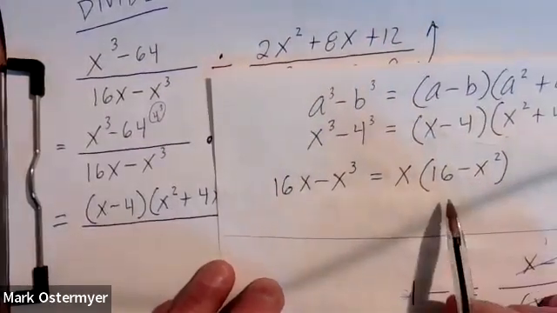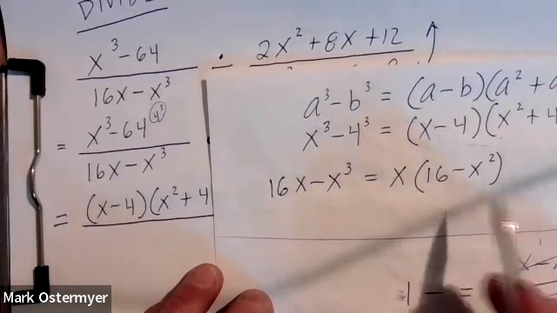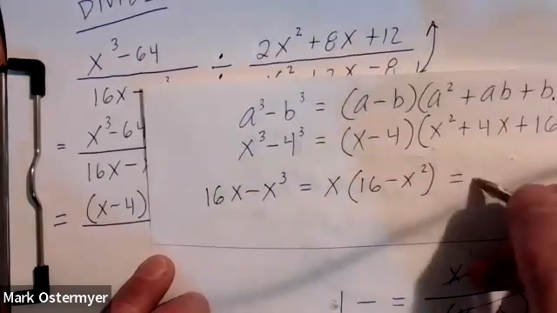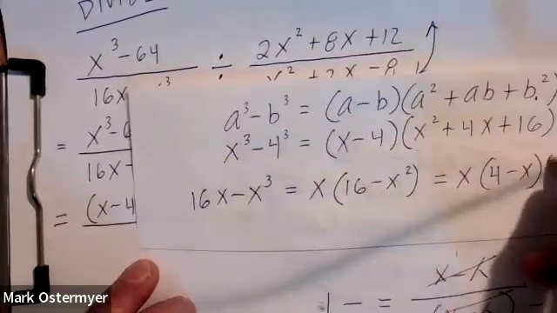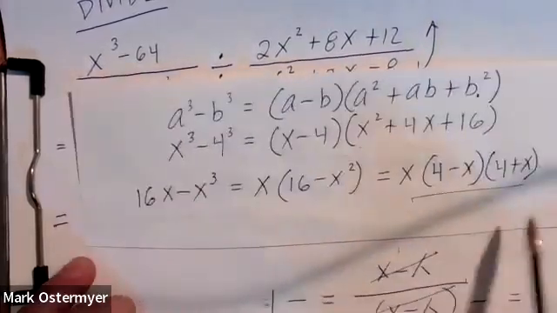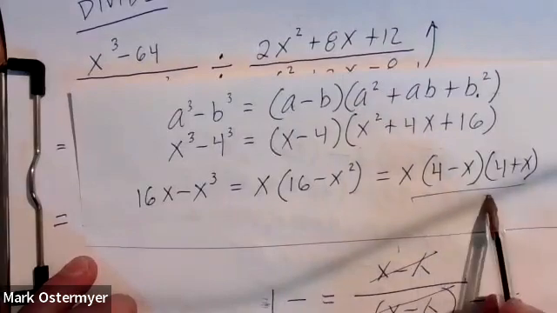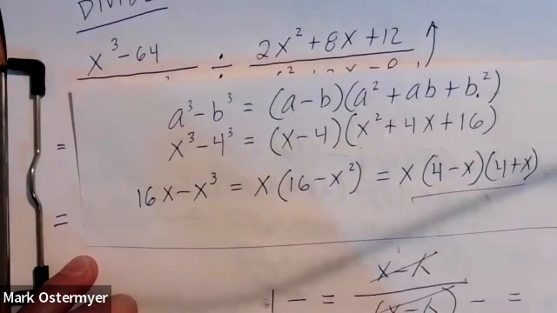And hopefully we realize that 16 minus x squared, being the difference of squares, needs to be further factored down. So therefore, this further factors down into x times 4 minus x times 4 plus x. And this would be the complete factorization right here of 16x minus x cubed.